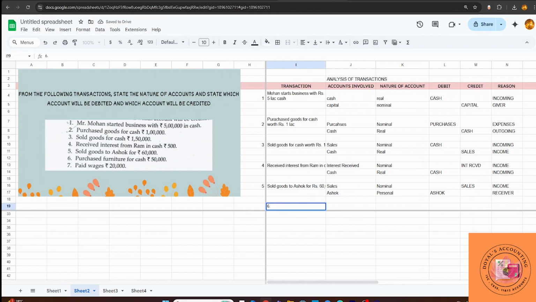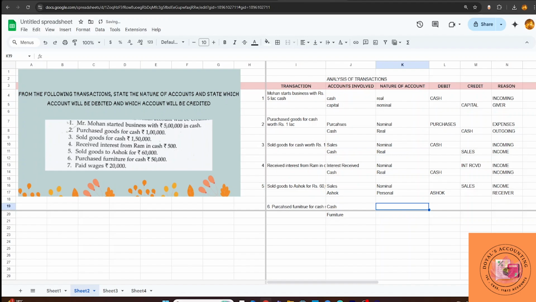The next transaction is we have purchased furniture for cash worth rupees 50K. Okay, so what are the accounts involved? One will be cash, and since we're purchasing furniture, furniture will be the other account that is involved.